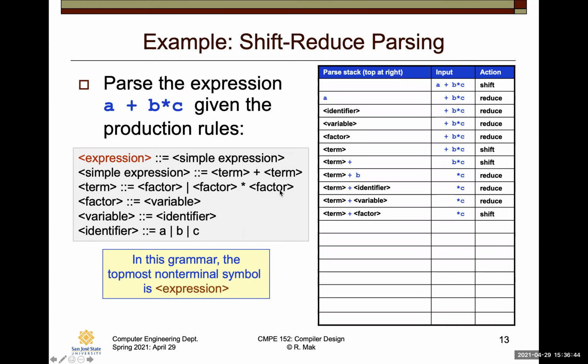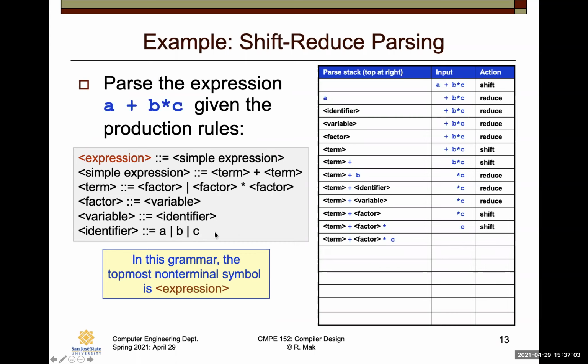So we do a shift, and the star goes to the top of the stack. None of this matches a right-hand side of a rule, so we do yet another shift. Here we go again.